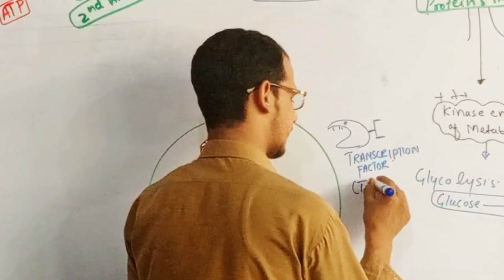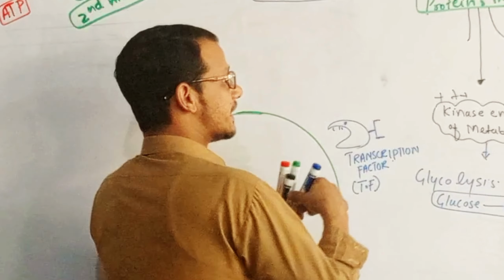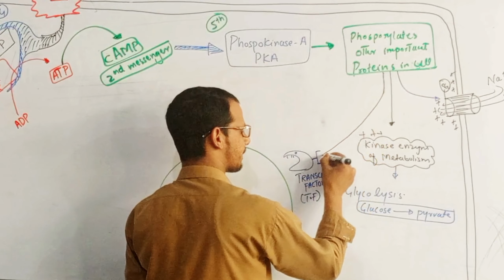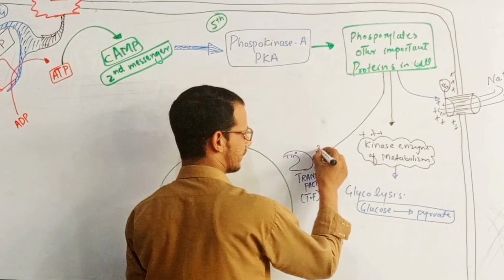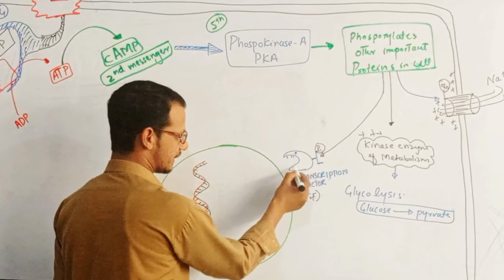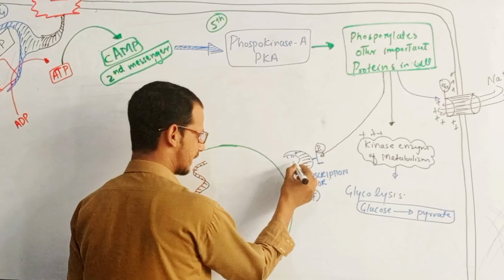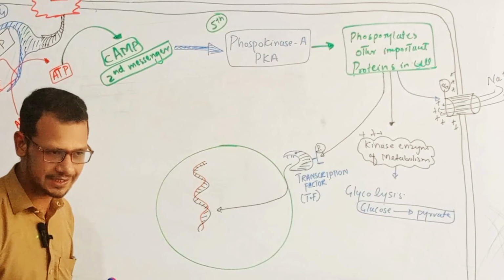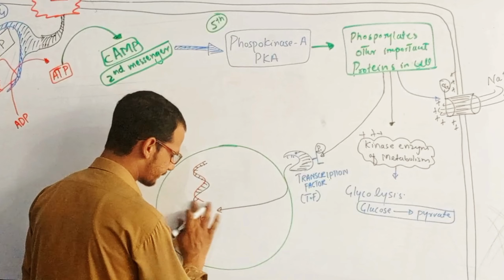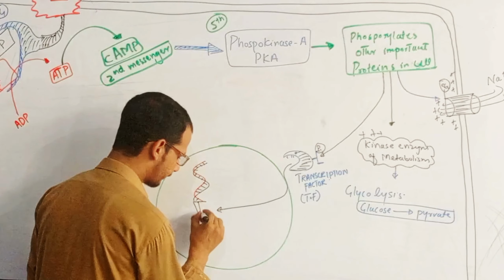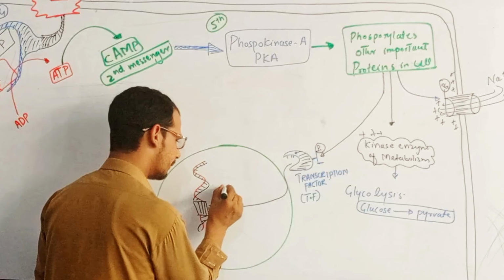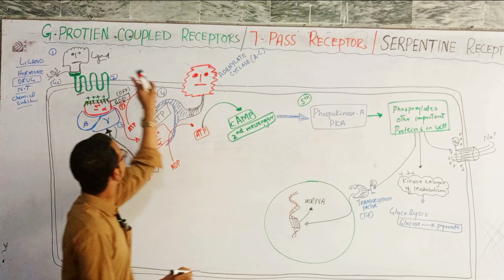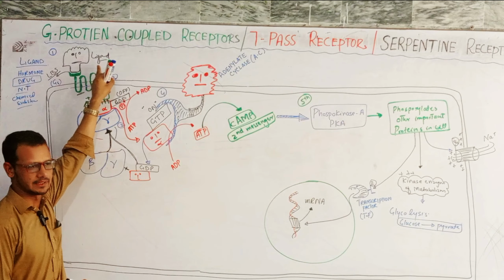Shortly it is called TF. This phosphokinase enzyme also phosphorylates this transcription factor, and when this transcription factor is activated, it will cross this membrane and come into the nucleoplasm and express a special area of DNA and form messenger RNA according to the message from the ligand, right?